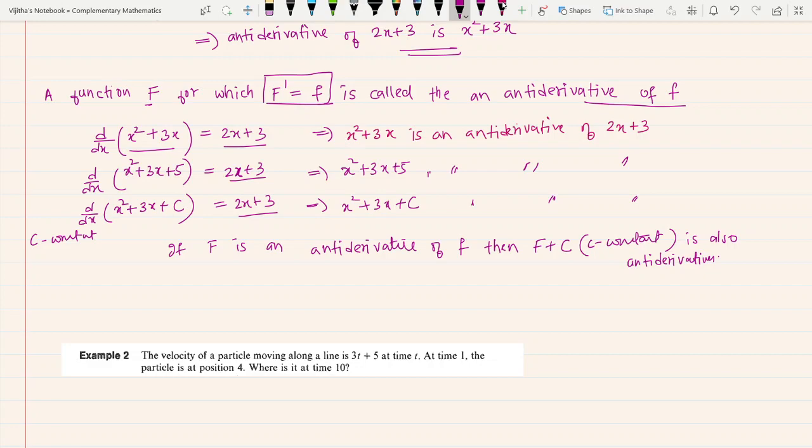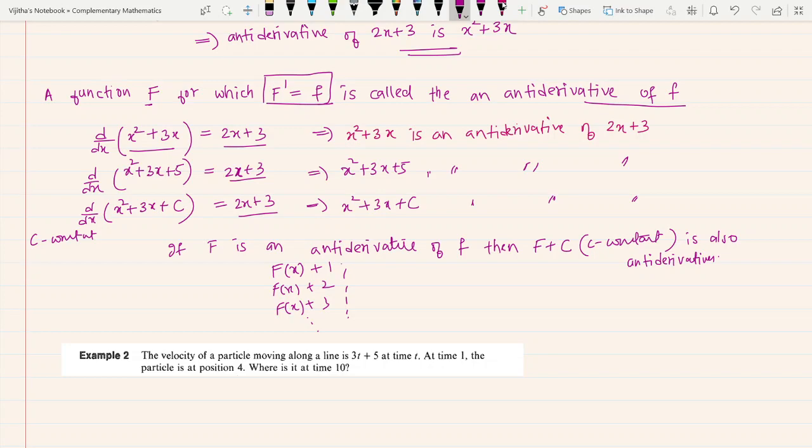That is, if F of x is an antiderivative, then F of x plus 1, F of x plus 2, F of x plus 3, these are all antiderivatives.